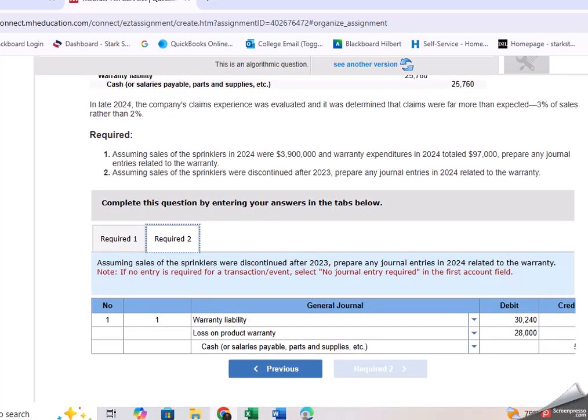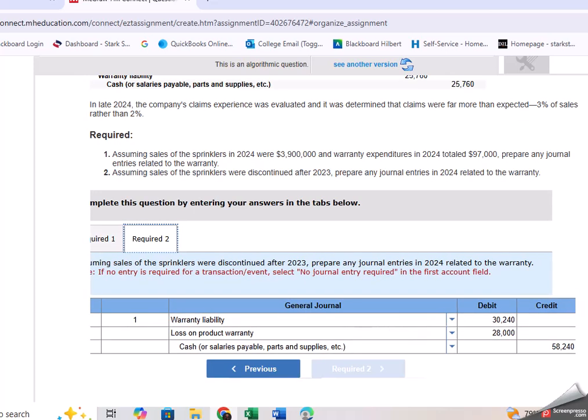So that leaves $30,240 in that liability. So we're going to debit that out, use up all that we can. Then what is remaining is going to be charged to a loss on that product liability. Because again, we don't have anything set up. We estimated it not great in the first place, and now the products are coming back. So it's going to be a loss on that product liability.